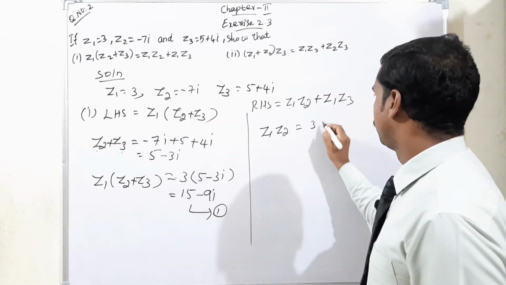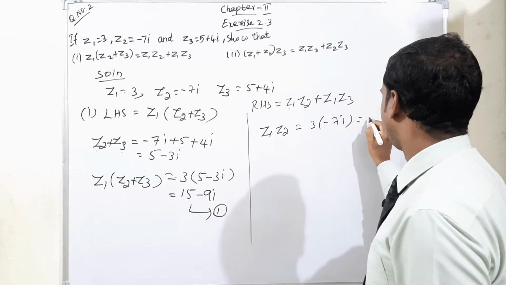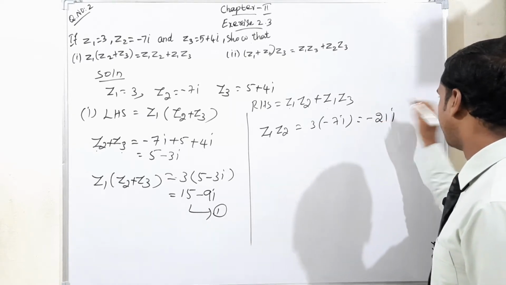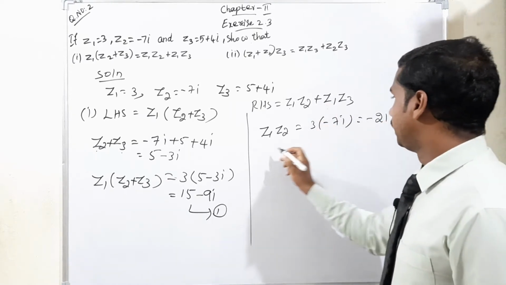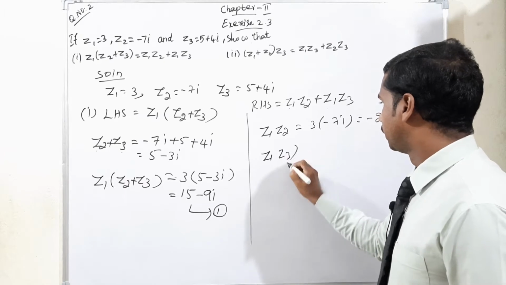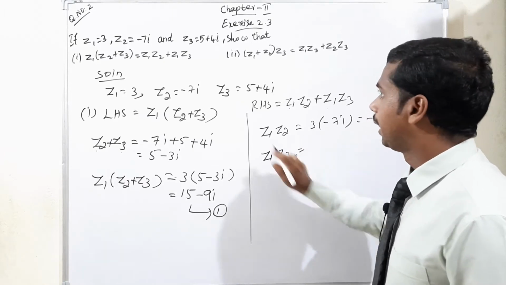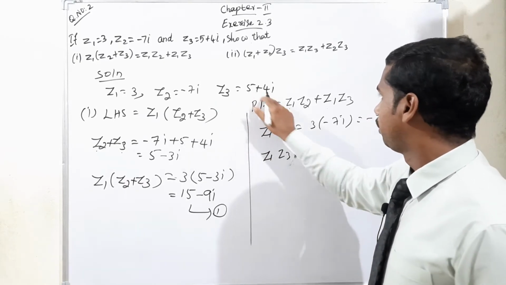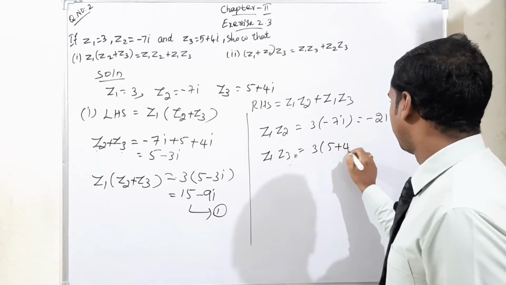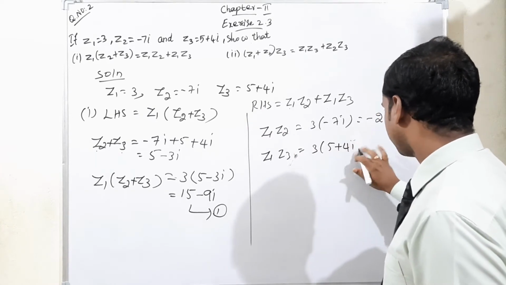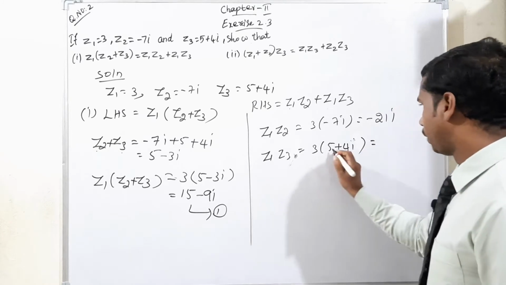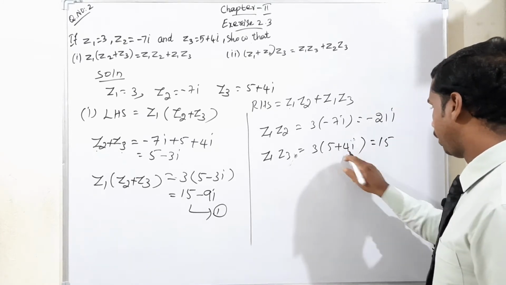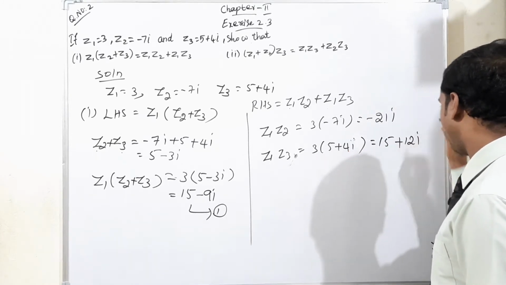So 3 into minus 7i, multiply, so minus 21i, isn't it? First term. Again Z1 into Z3. Again Z1 is equal to 3, Z3 means 5 plus 4i. So multiply now, 3 into 5 is 15, 3 into 4 is 12, so plus 12i.